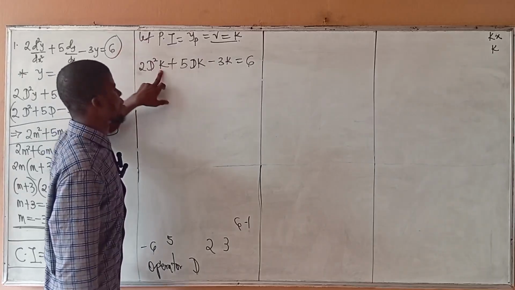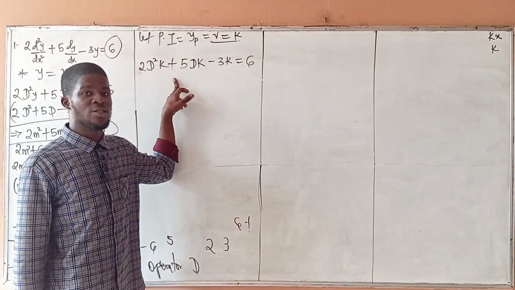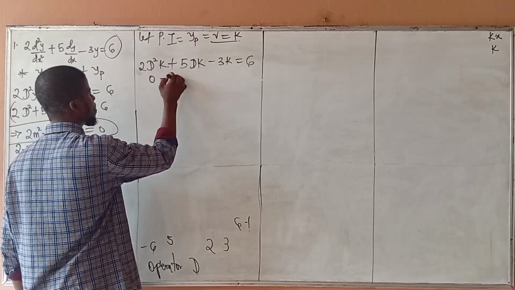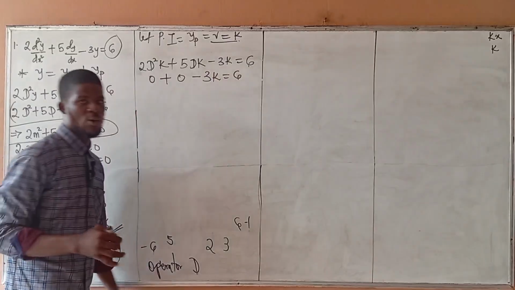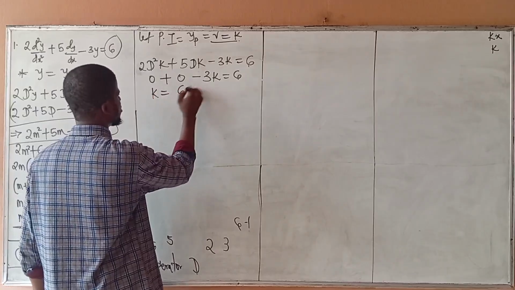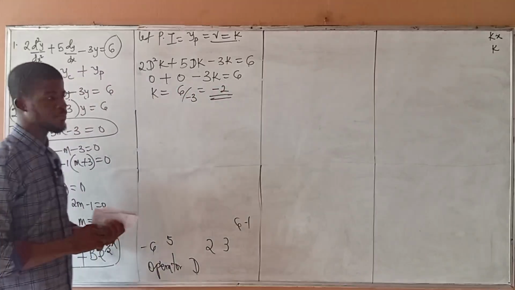Even if I differentiate the constant 10 million times, it is still 0 I will get as the derivative. So this is 0, this is 0, and this one remains. So what I'm having here is that negative 3k is equal to 6, so k is equal to 6 divided by minus 3. It means that k is equal to minus 2. That's the value of k.